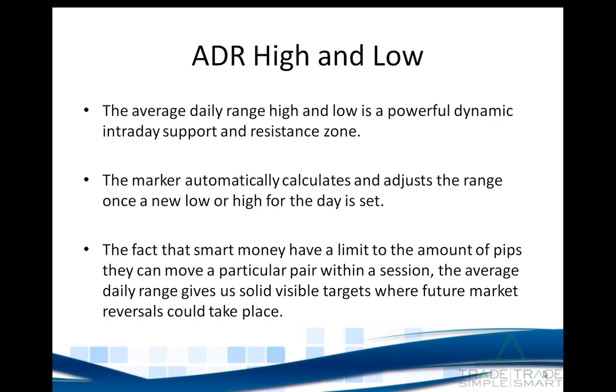During the day, if we're looking at sterling against the dollar, for example, and we've calculated that there is an 80 pip daily range, then using the marker and by plotting this 80 pip range, we can have highly visible and high probability targets where future market reversals can take place.